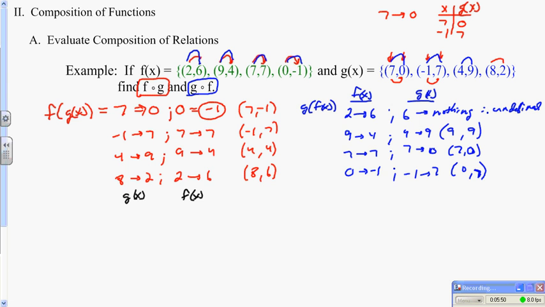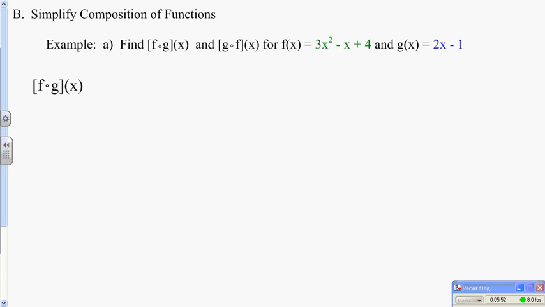Now with that done, I'm going to go to our last step, which is to come up with not a value, plugging a value into a composite function. It's coming up with the composite function itself. So f composite g of x means f of g of x, which means f of, and g of x is this, which means we're going to plug that into the x values for f.